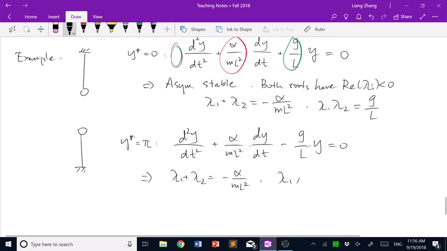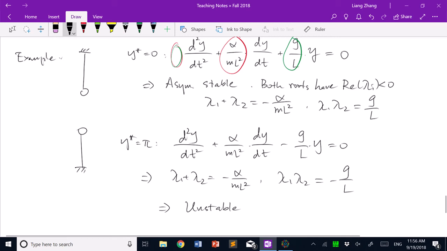However, the product of the two is also equal to a negative number. So that means at least one of them has to be a positive number. If one of them is a positive number, the linearized system is unstable. The nonlinear system is also unstable. So this will be the case for the pendulum.